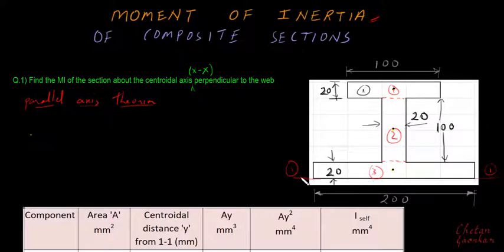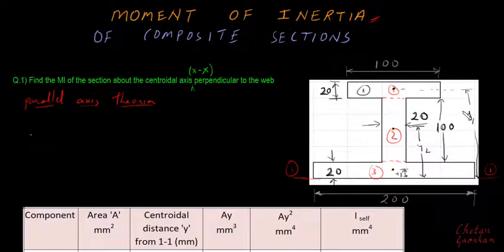Then if I want to calculate the moment of inertia of the first rectangle with respect to axis 1-1, I can very well use the parallel axis theorem. Before that, let me mark these distances. I will call the distance from the centroid of the first rectangle to the reference axis 1-1 as y1, the distance from the centroid of the second element to the reference axis 1-1 as y2, and this distance we will call y3.